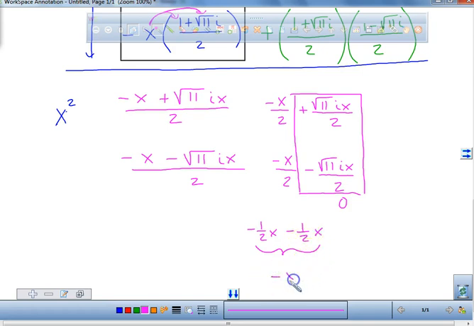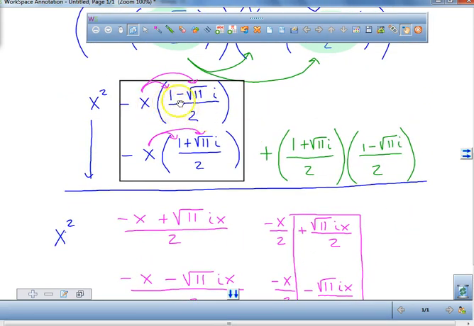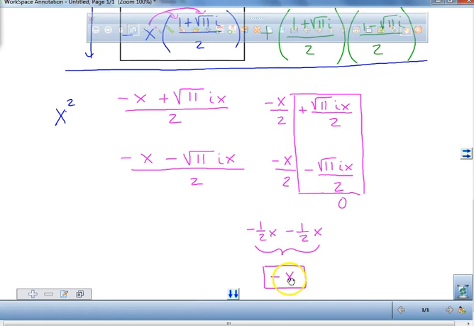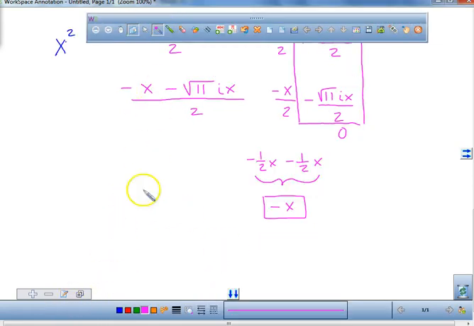That makes it a negative x. So let me explain what our answer is. When I took all of this and I took away all of this, what I eventually ended up with was just a negative x.